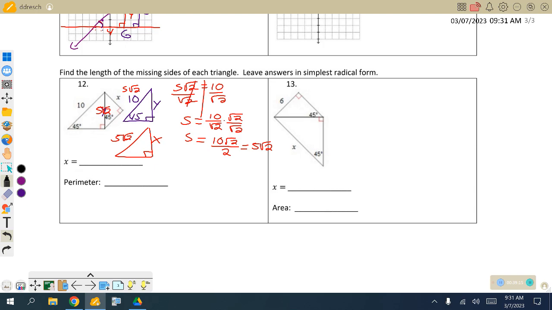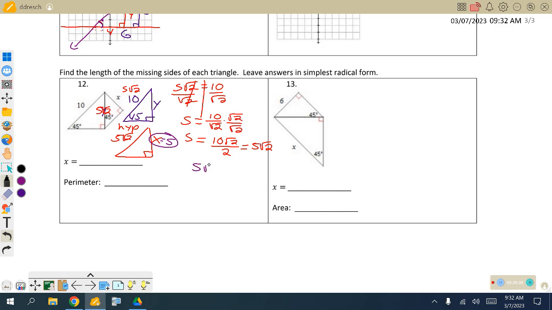And that one's nice because that one does represent our 5 root 2. So what we can do there is just say, hey, because that's the 5 root 2 in the hypotenuse, I'm done. X is going to represent what? X is going to be 5. If you don't see that, fine.